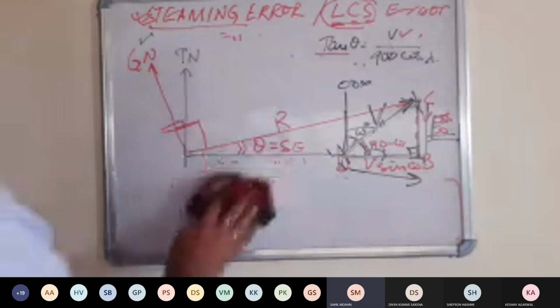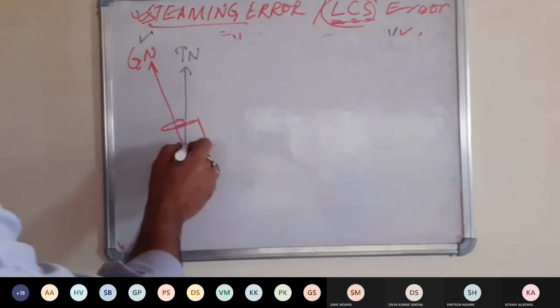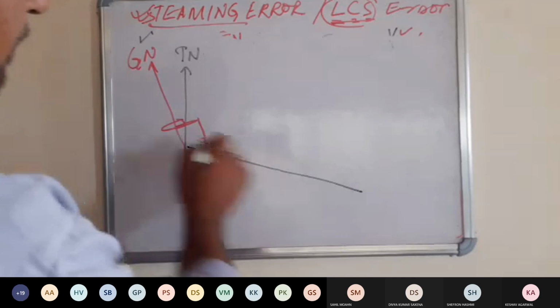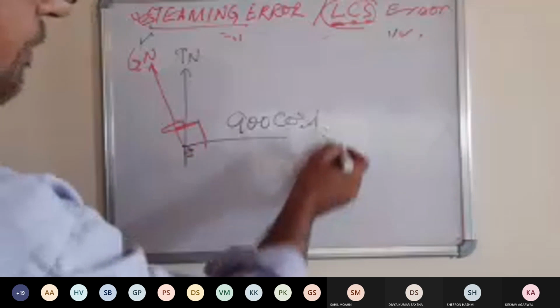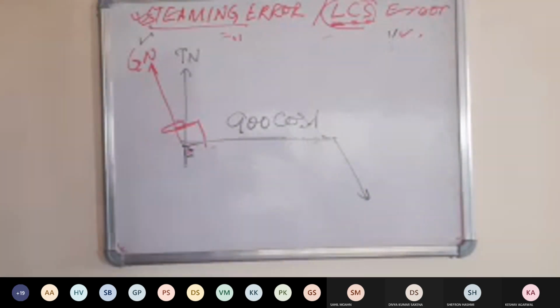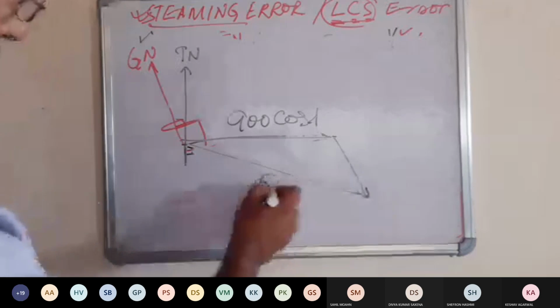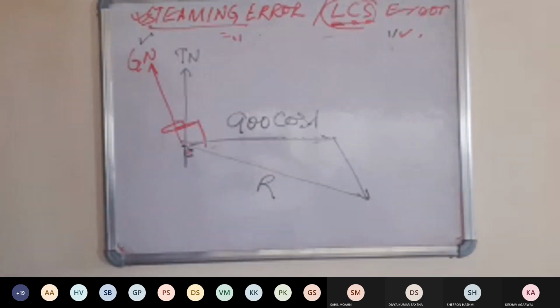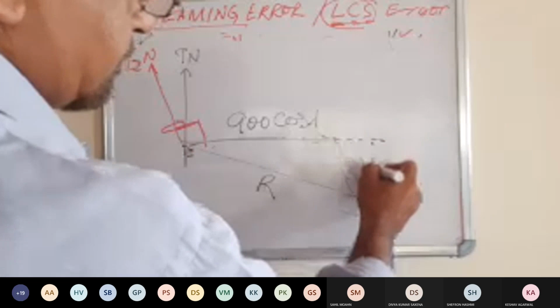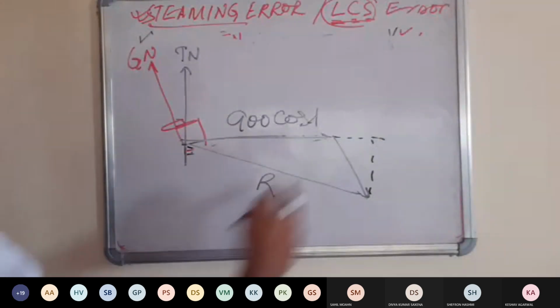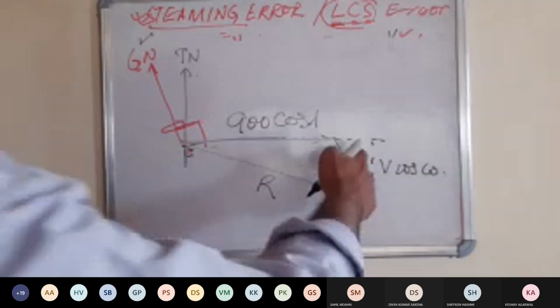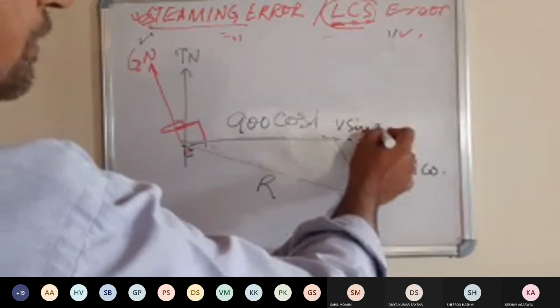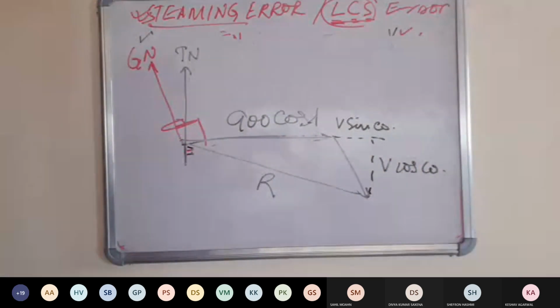Okay, you do not have to write it, but just to understand what happens if the ship goes this way. This is 900 cos lat. The ship is going in this direction, a southeasterly course. The resultant will be this. We resolve it again like this. So again we get V cos course and V sin course, the same way as before.